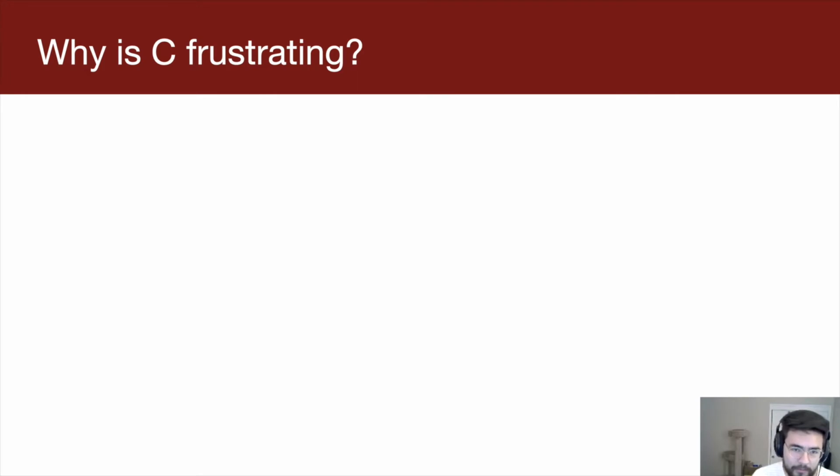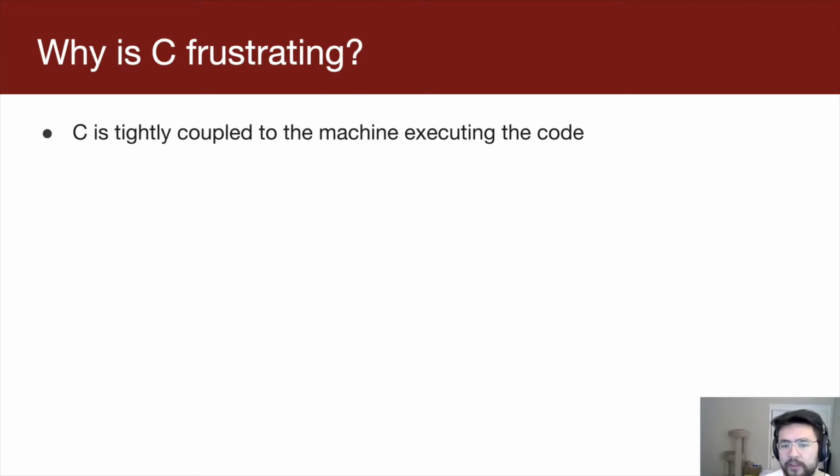And so, why is this the way that it is, right? C was designed by some incredibly smart people. The reason that it is designed like this is C is very tightly coupled to the machine executing the code. Maybe not any particular specific architecture like x86 or ARM, but it's still very tightly coupled to some abstract model of a machine that executes code.